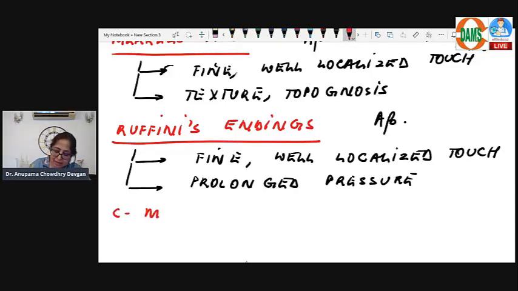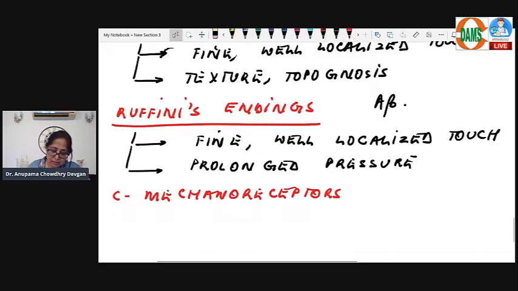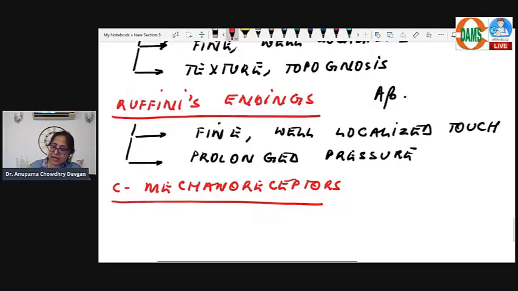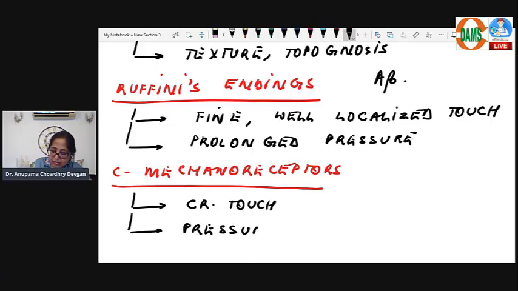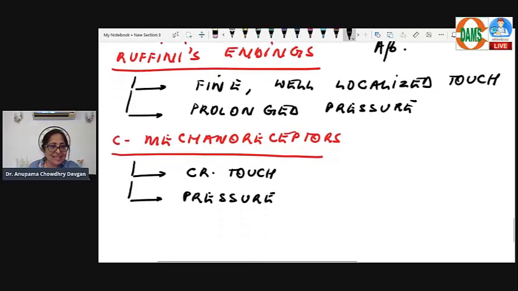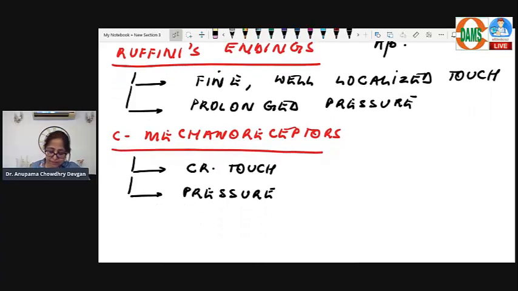Next, C mechanoreceptors. These are meant for crude touch and for pressure.